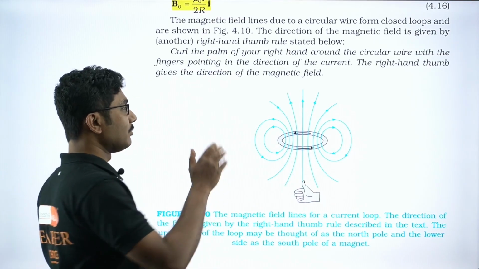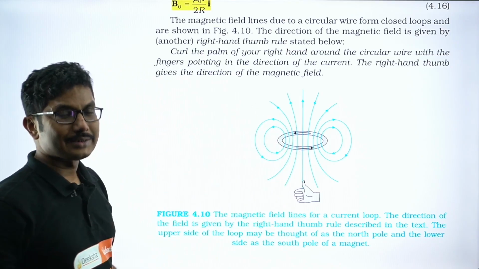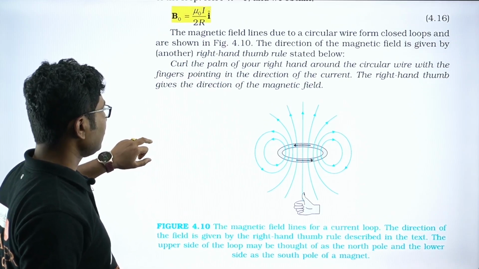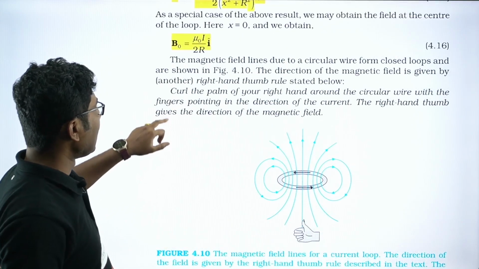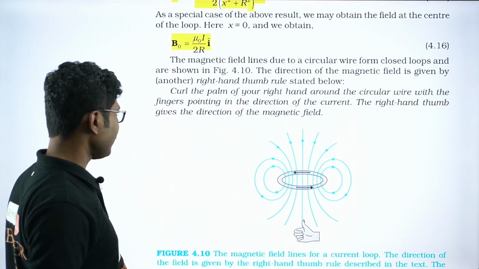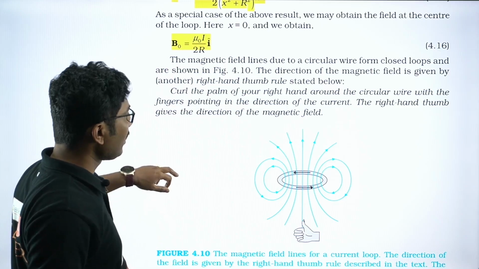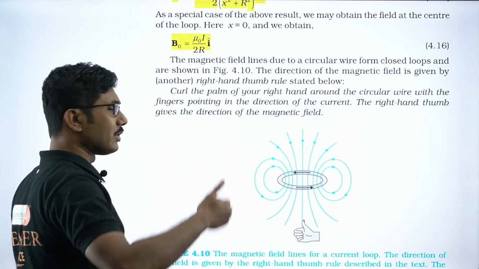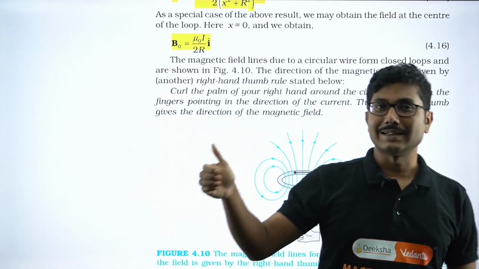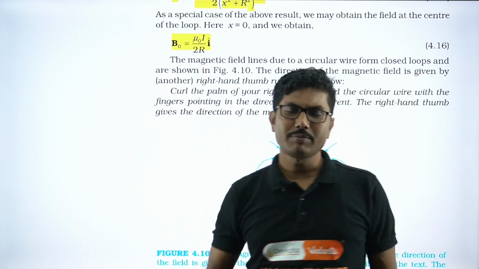The thumb rule, right hand thumb rule: if you point your thumb in the direction of current and then roll your fingers, that will give you the direction of magnetic field. Okay, so this is one of the rules. Curl the palm of your right hand around the circular wire with the fingers pointing in the direction of current. The right hand thumb gives the direction of magnetic field. So you have to curl your fingers in the direction of current flowing in the circular loop, then the thumb will give the direction of magnetic field.